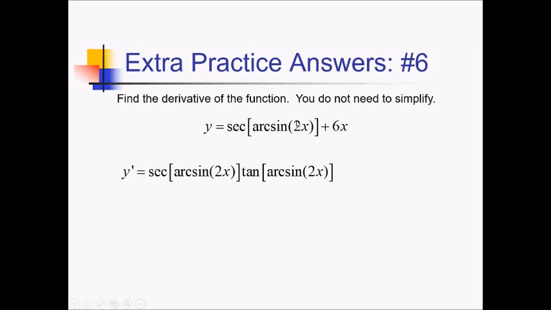So that's going to be, let's see, this is really arcsine of something. So that's going to be 1 over the square root of 1 minus something squared, like so. And finally, we have to multiply by the derivative of 2x itself. So that's a 2 there. So that's all just that first term taking the derivative. Now don't forget we still have this plus 6x from the original function, but the derivative of that's not so bad. That's just going to be a plus 6 on the end there.